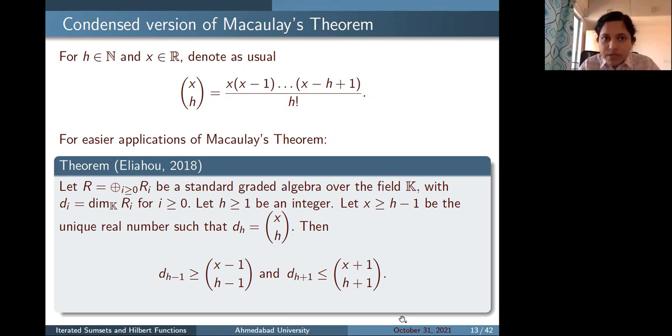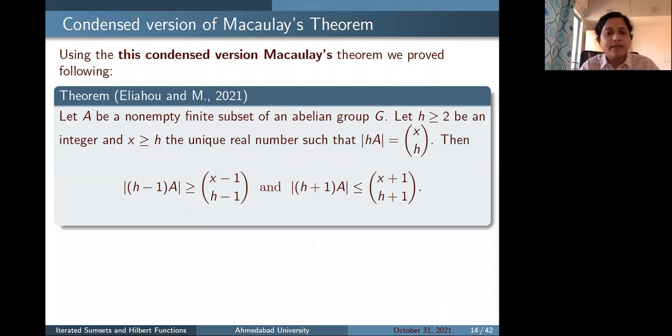Now, using this condensed version of Macaulay's theorem, what we can conclude here is the following. As I mentioned, we have the abelian group, and I have its non-empty subset A. We can make a standard graded algebra R_A whose Hilbert function is H_A, and this can be written as this.